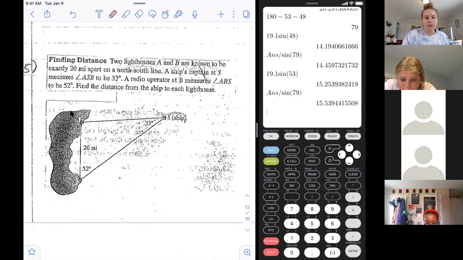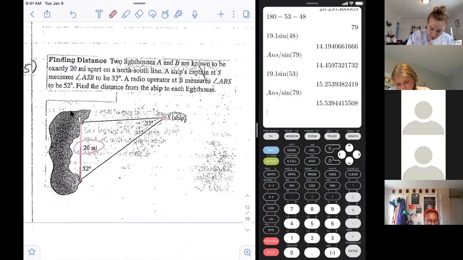Sometimes we look at a word problem and we immediately are like, man, I don't know how to do this. You do know how to do this, which is why I'm squeezing it in right here at the end of the lesson. It says 2 lighthouses, A and B, are known to be exactly 20 miles apart on a north-south line. So A and B are right here. They are 20 miles apart. And then we have a ship over here.